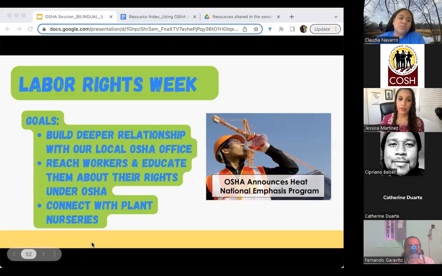Our goals were to build a deeper relationship with each other, to reach workers and educate them about their rights under OSHA, specifically around the heat emphasis program, and for us individually, to connect with plant nurseries, because we organize the workers and haven't had strong relationships with the plant nurseries that exist here.